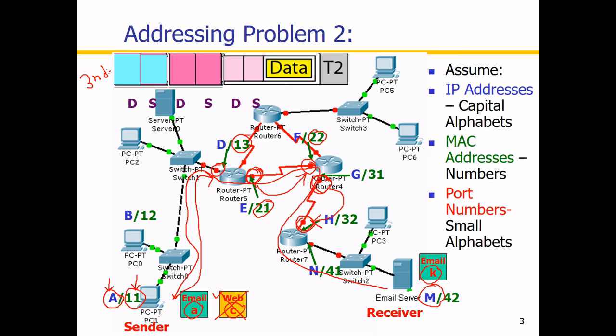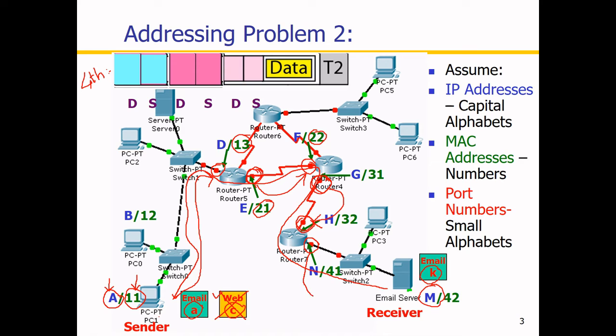Now for the fourth frame, the data is going to go from this N interface of router 7 to the email server.